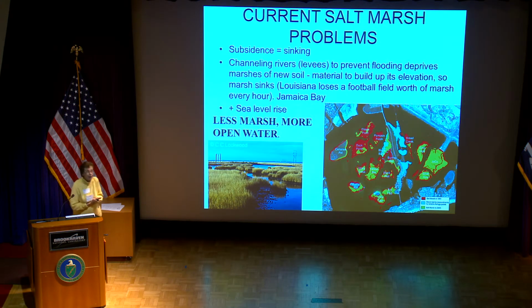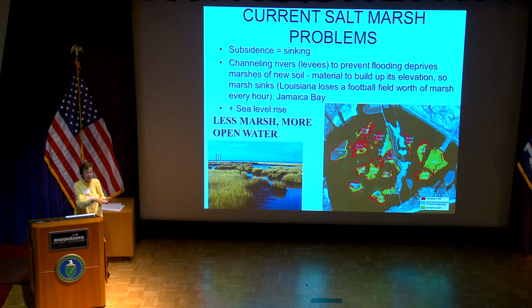Some current problems, and I will focus on this quite a bit. I consider it physical change, and it's due to climate change, among other things. But not always. The problem of sinking, subsidence, where the marsh is getting lower, is sometimes confused with when the water is getting higher, and we have both of these things happening in some places simultaneously.